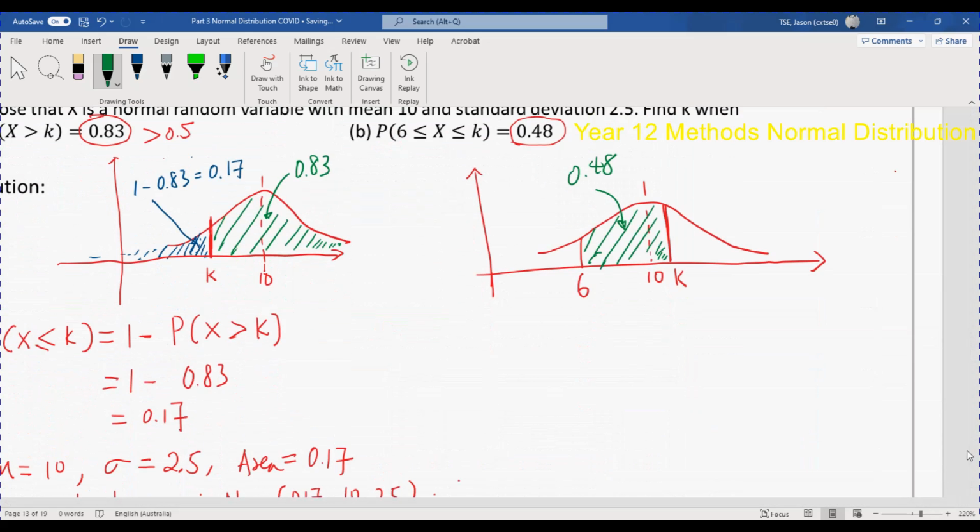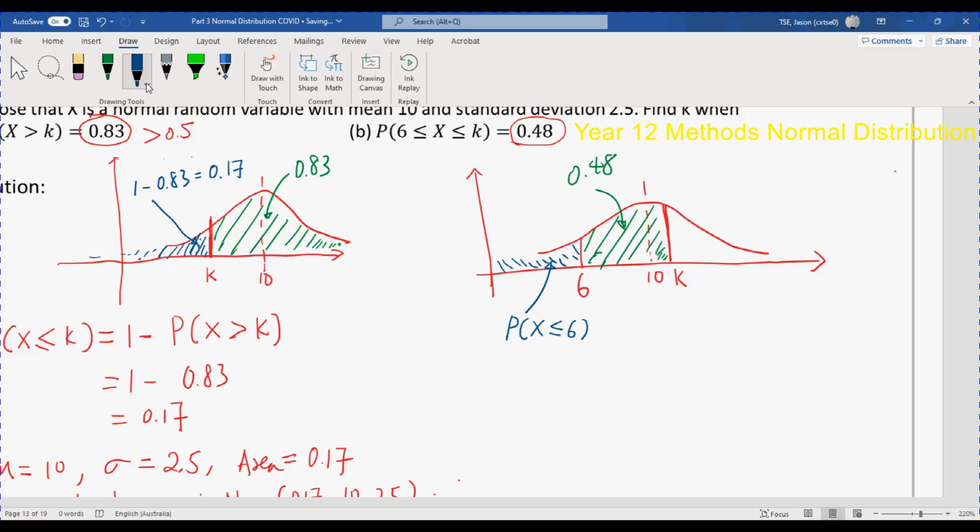Okay, so what can I do? There are a few ways we can do it, because if we're trying to find the area on the left hand side of k, 0.48 is part of it, but the other part is from the left hand side of 6, right? Do we know that area? We don't. It's not given, but we know in the calculator you could find that, which would be P(X ≤ 6).